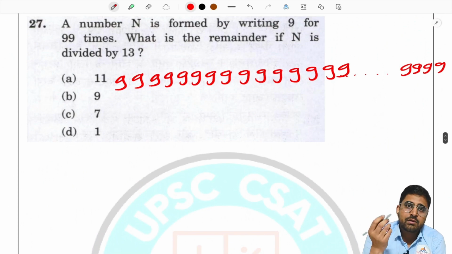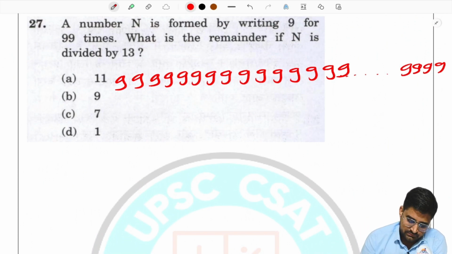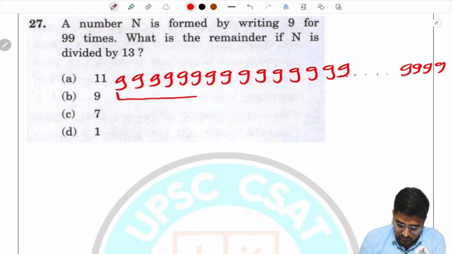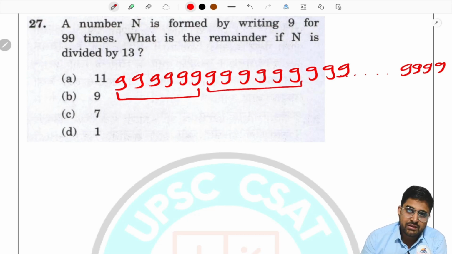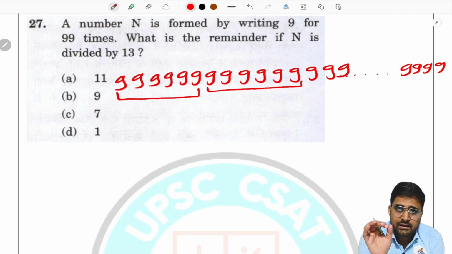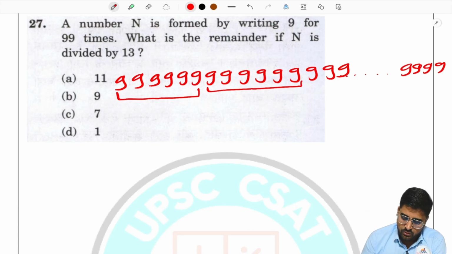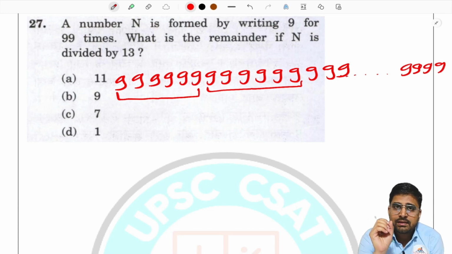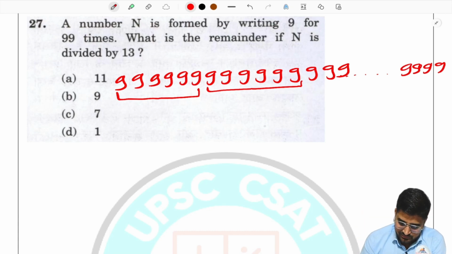For that we have to make sets of 6, 3 and 3, 6, 3 and 3, 6. So we have made sets of nines, meaning 6-times repeated nines. Now how many are there in 99 times? Let us consider 6.